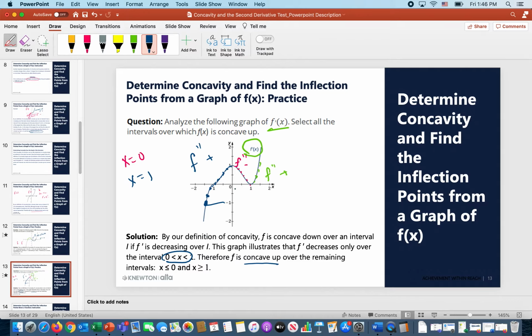So f is concave up for the interval -infinity to 0, and f is concave up for 1 to infinity. Okay, concave up. And we would say that f is concave down between 0 and 1.